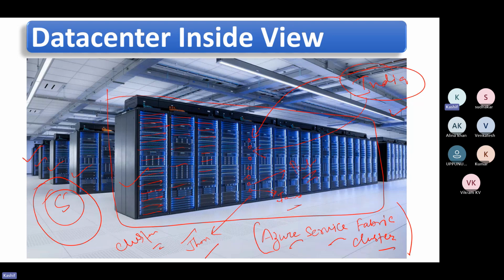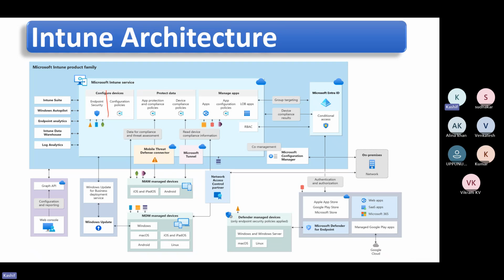Okay. Now, this is Intune architecture, guys. So Intune is designed by Microsoft. You don't have to do anything here. So it's a SaaS kind of product because everything is done by Microsoft.